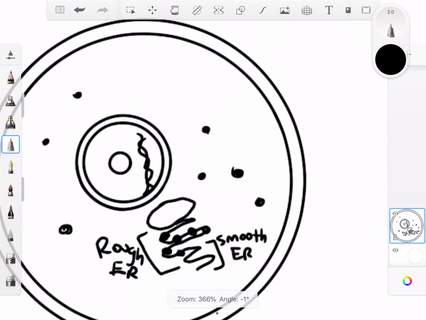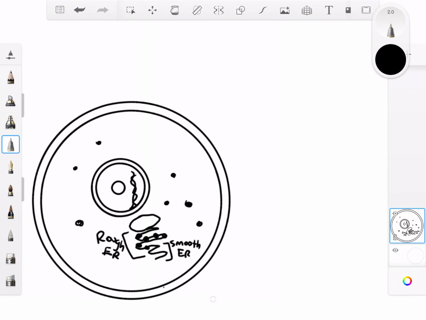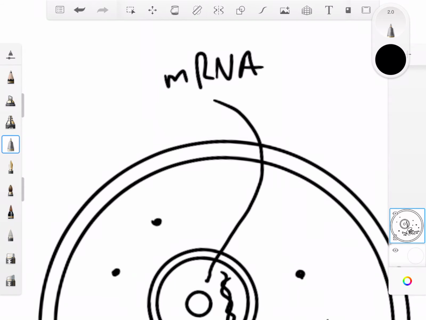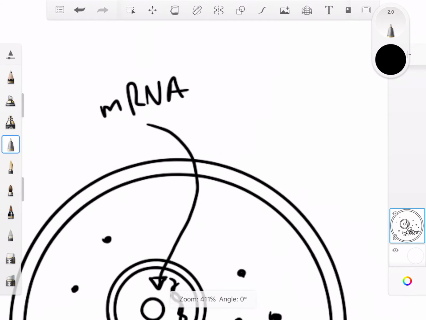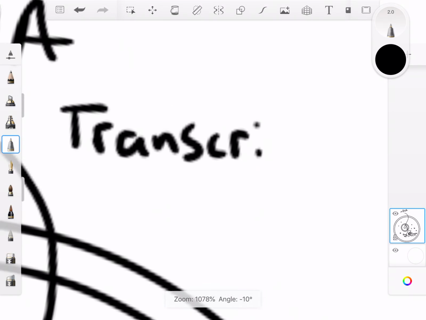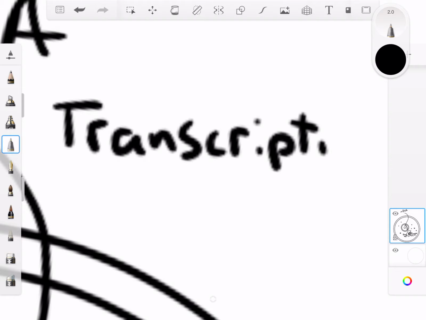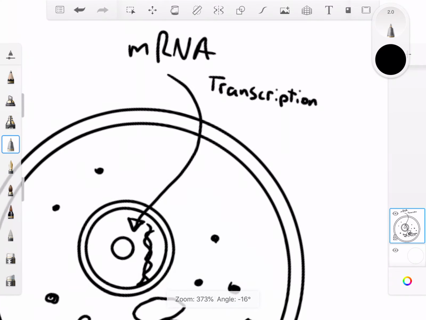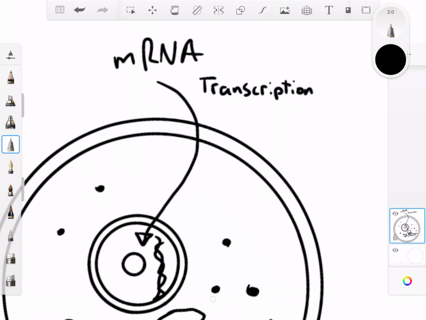Now step number 1, we have our DNA right here. However, messenger RNA wants to go in here and transcribe. It wants to use transcription to copy the information found in here onto itself.